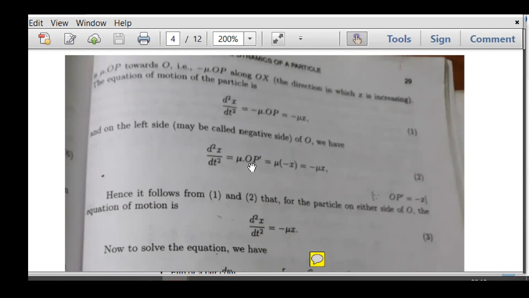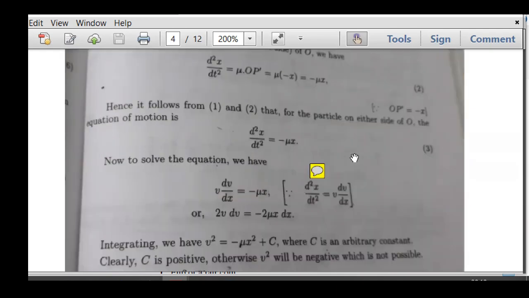But OP dash itself is negative, so mu into minus x, so equals minus mu x. So you see equation 1 and equation 2 are the same. It doesn't matter whether we consider this or this, we just consider any of these and then proceed with our integration. So this is our equation of motion. To solve the equation of motion, we use the relation d2x/dt2 equals v dv/dx.